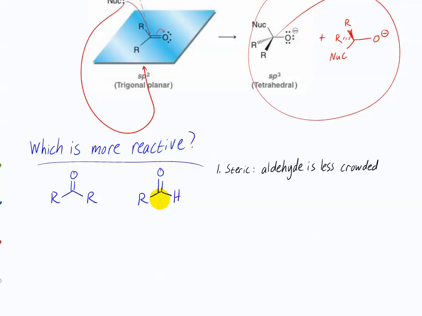There's also an important electronic reason. So using words like more negative, more positive, more nucleophilic, more electrophilic, can you find a way that also applies to these, either favoring the aldehyde or favoring the ketone? What is the difference electronically between these two species?